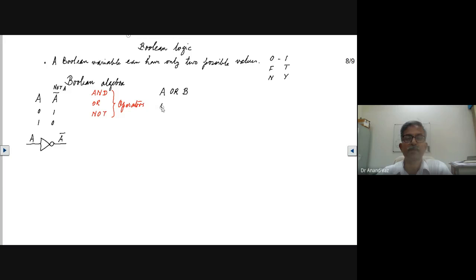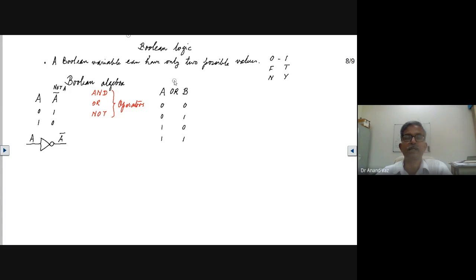You can have A as 0, B as 0, A as 0, B as 1, A as 1, B as 0, and A as 1 and B as 1. These are possible input combinations to the OR gate or to the OR logic.